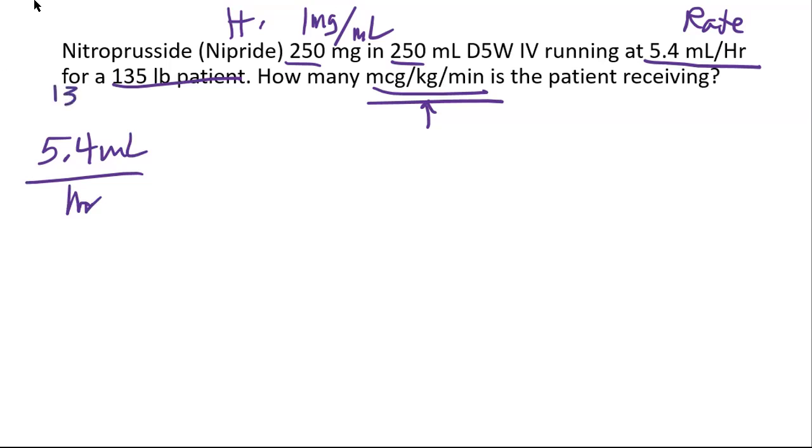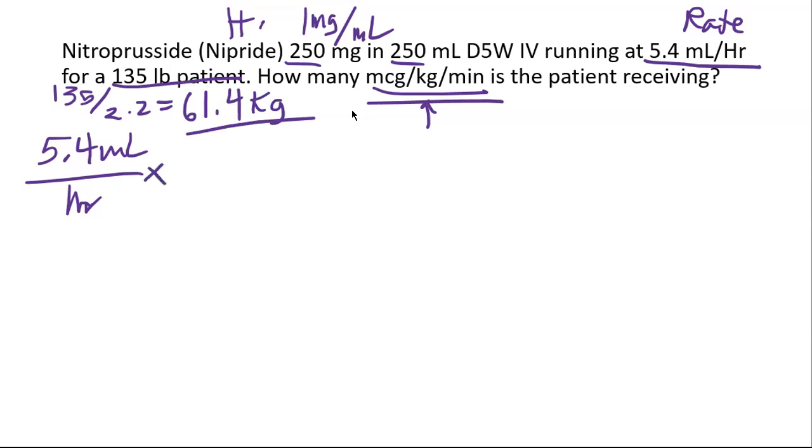That's going to be 135 divided by 2.2. 135 divided by 2.2, and that's going to be 61.363636 forever and ever. So that's going to be 61.4 kilograms. That's what the patient weighs.